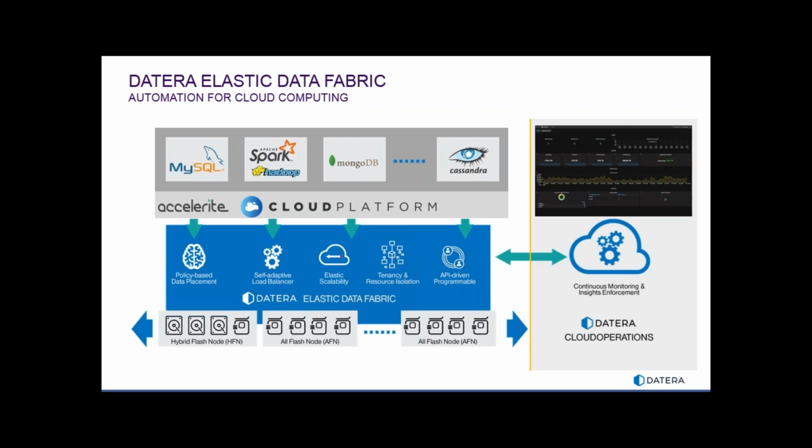The key aspect that we do is this notion of policy-based data placement. Based on your application requirements, we would appropriately place the data on the appropriate nodes. So you could have a volume which needs very high performance, and you can say that, hey, this has to be on all flash nodes, and we'll place it appropriately.